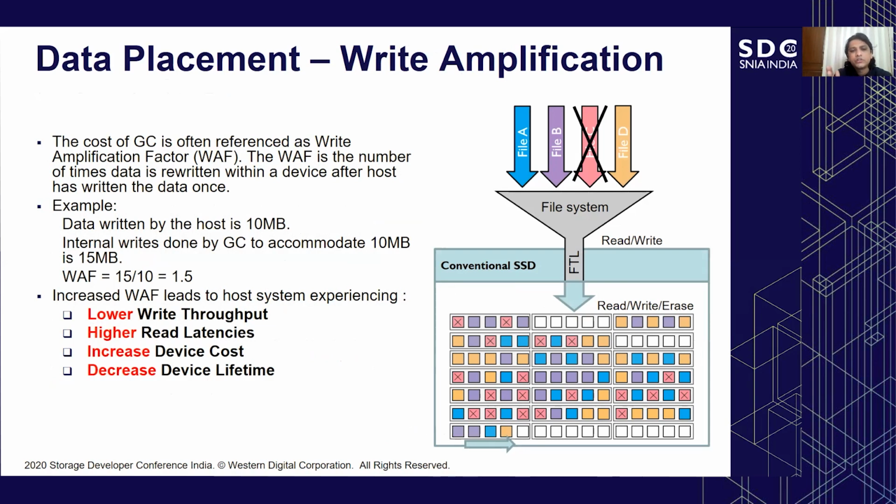For example, if data written by the host is 10 MB and internal writes done by garbage collection to accommodate the 10 MB is 15 MB, then we are looking at a write amplification factor of 1.5. Increased write amplification factor lowers the write throughput, because a lot of writes are happening inside the drive, and the write bandwidth is not available to the host.